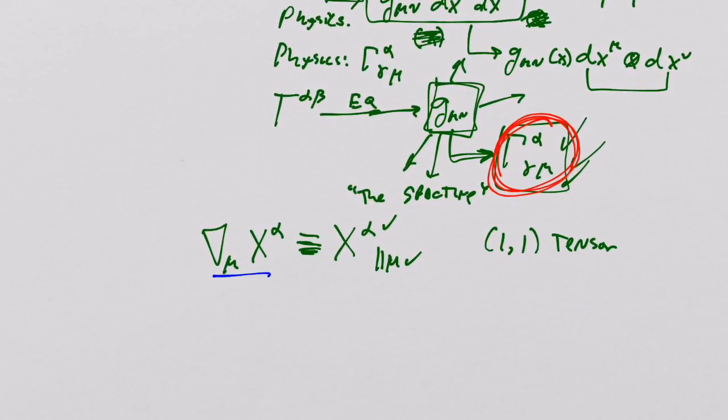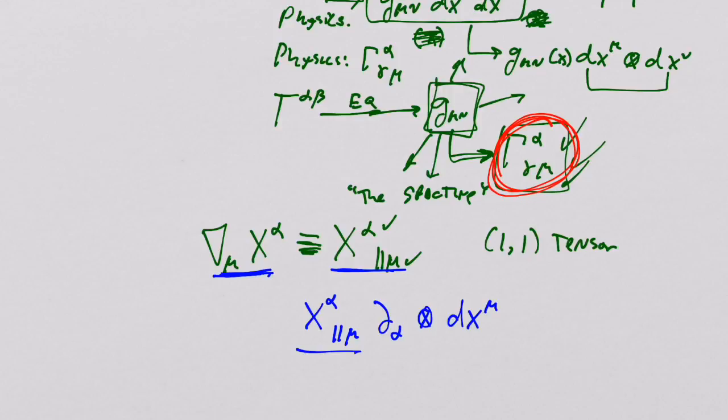So this guy here is a tensor, and I say this guy because they're both re-expressions of the same thing. And it's a 1-1 tensor, so you know that you can throw on this version of it, what do you throw down? You go partial alpha, tensor product, dx mu, like that, right?